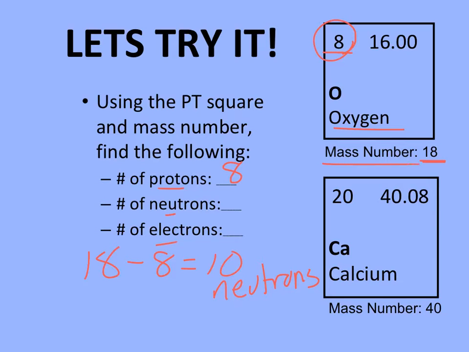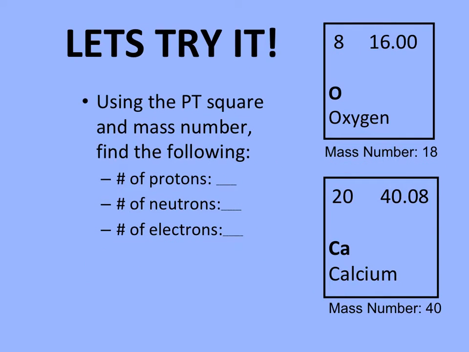So for this specific type of oxygen, it's got 10 neutrons. Now the number of electrons is easy because we know that in a neutrally charged atom, the positives or protons have to equal the negative electrons in order to have no charge. So we know that these two are going to be the same. If we were going to make a diagram of this, we would have in the nucleus 8 protons, 10 neutrons, and orbiting around that nucleus would be 8 electrons.